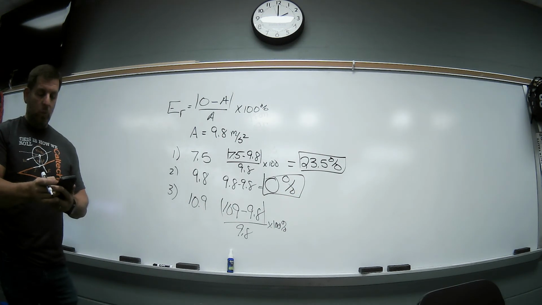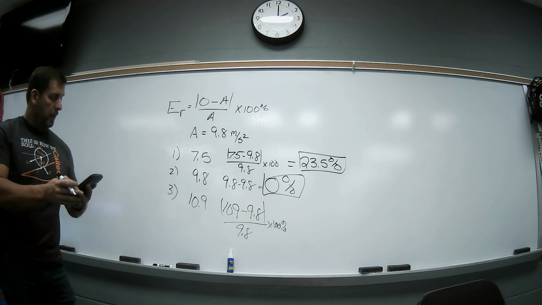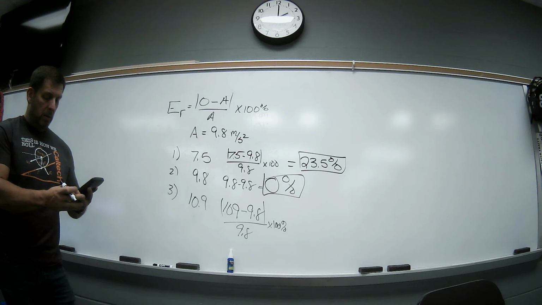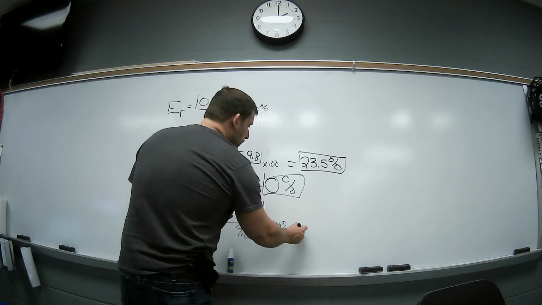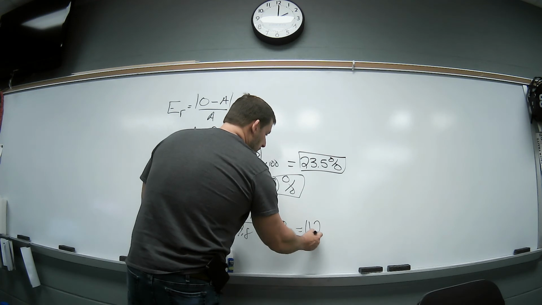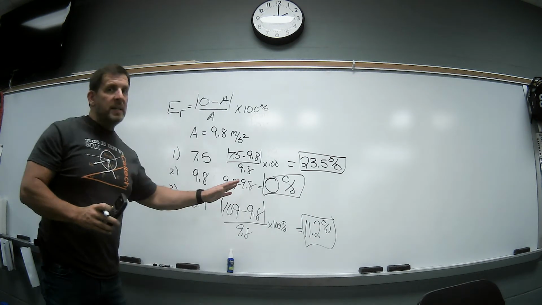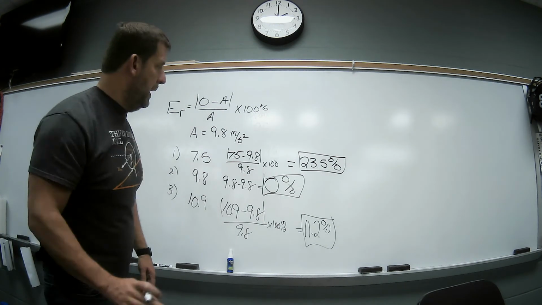And the last one is 10.9 minus 9.8 divided by 9.8 times 100. So I get 11.2%. But you'll always get a positive value for relative error, okay?